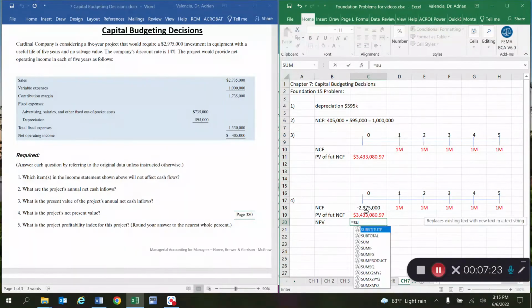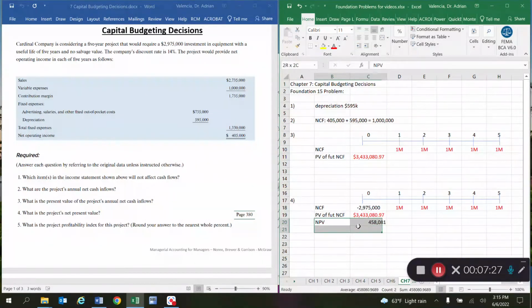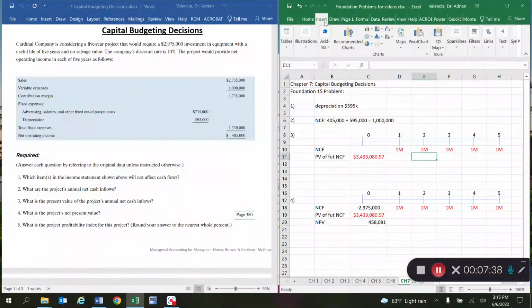Okay, so you would get the net, and if the result is positive, then you have a positive NPV, which means that your return on investment is greater than your discount rate. Recall that when we discounted these cash flows, bear with me here.